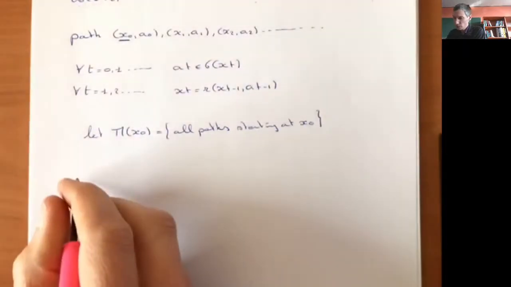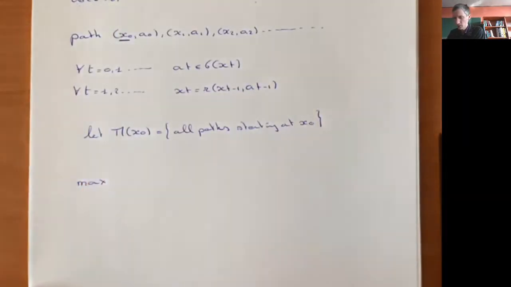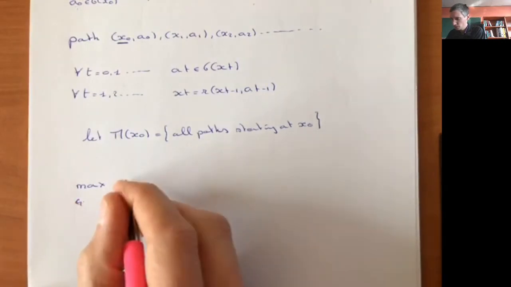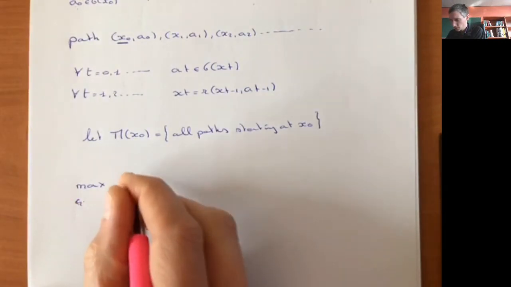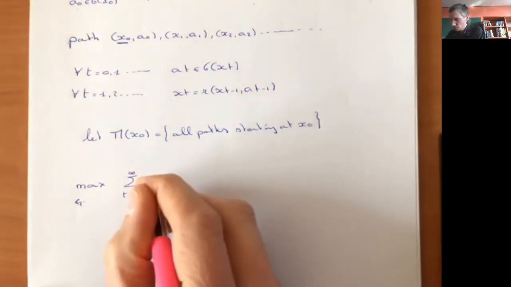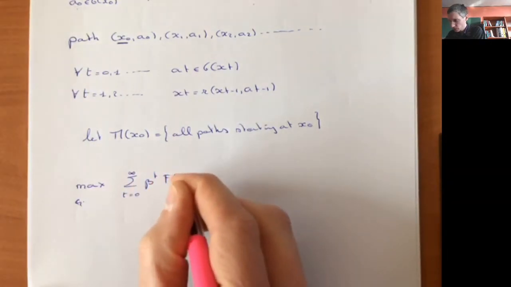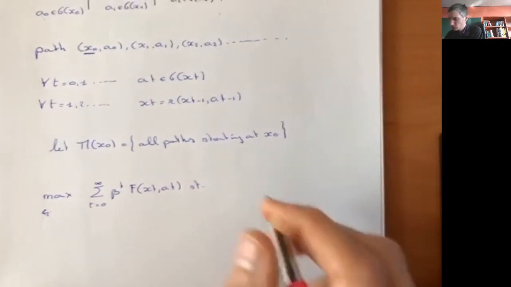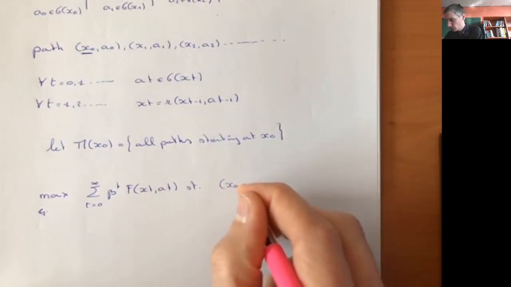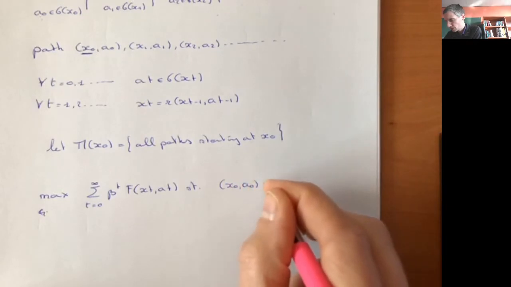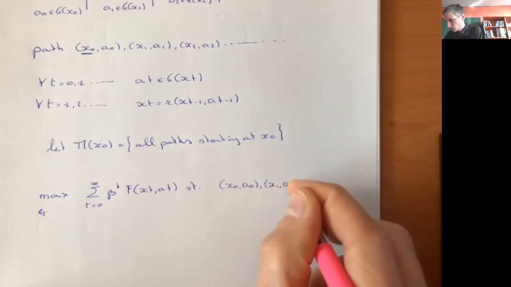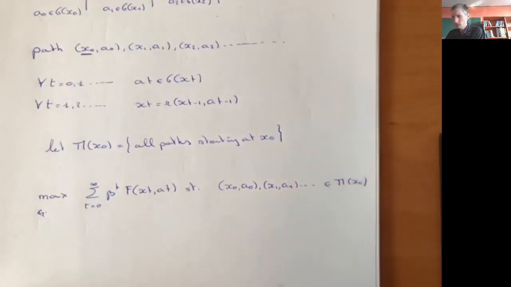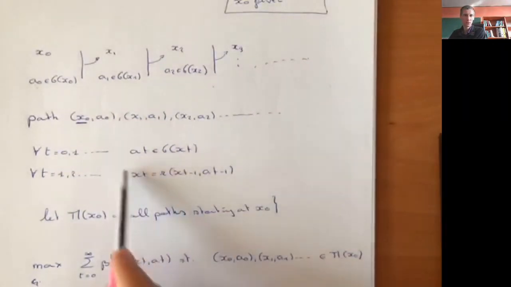So we can rewrite our maximization problem as maximize this infinite sum beta to the power t f of xt, at, subject to x0, a0, x1, a1, and so on, is a path that satisfies these restrictions.